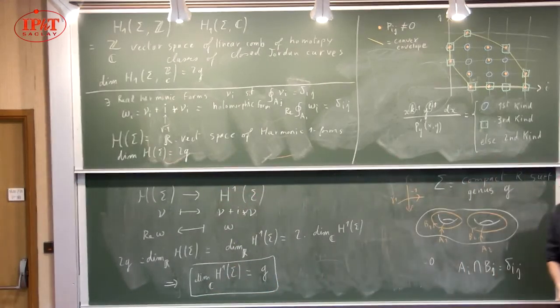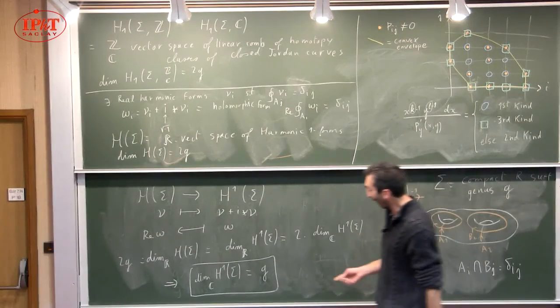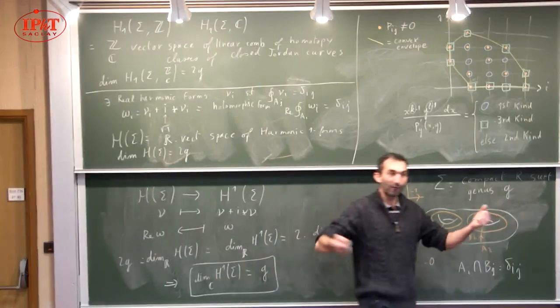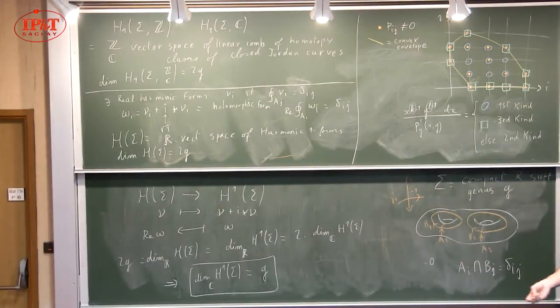So it means there are G independent holomorphic forms, first kind forms, independent in the sense of linear combinations with complex coefficients, which means that with real coefficients you would have 2G.